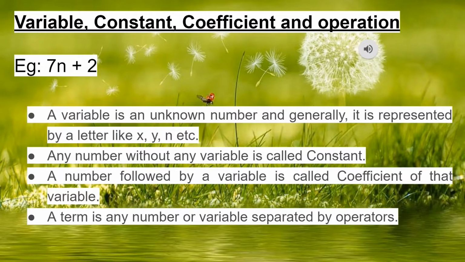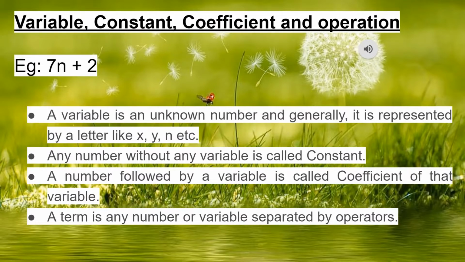In this example, 7n plus 2, n is the variable. Now, second one, any number without any variable is called constant. Here, what is the constant? 2 is the constant.